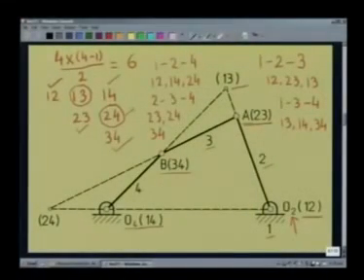Out of these 3, we have already located 2,3 at A and 3,4 at B. So, 2,4 must lie on the line joining A, B. As a result, 2,4 is located at the intersection of the line O2O4, that is the line joining 1,2 and 1,4, and the line AB, that is the line joining 2,3 and 3,4.